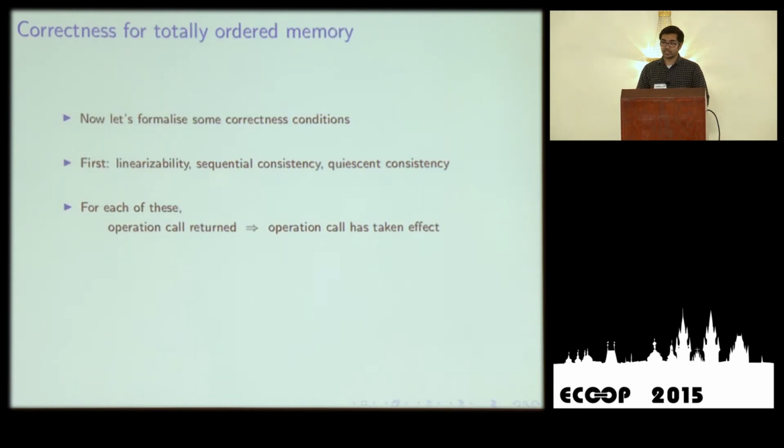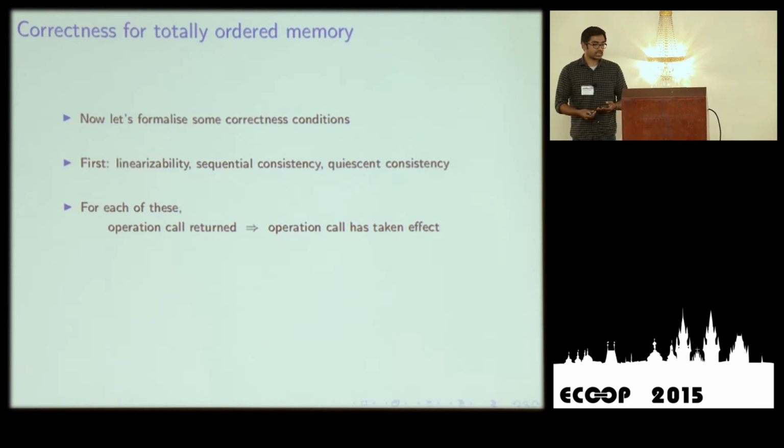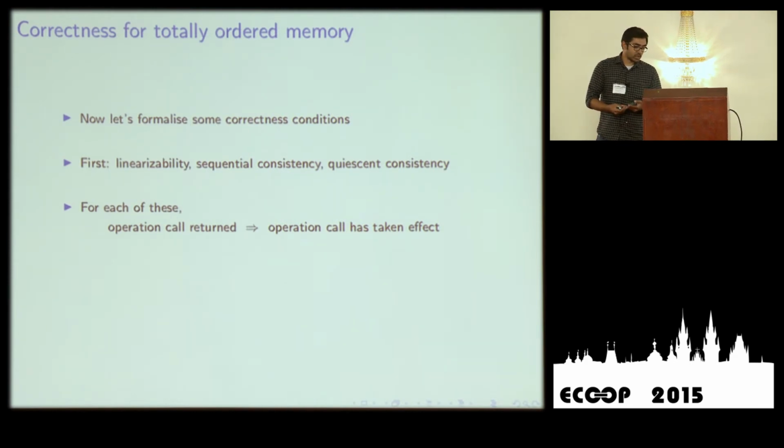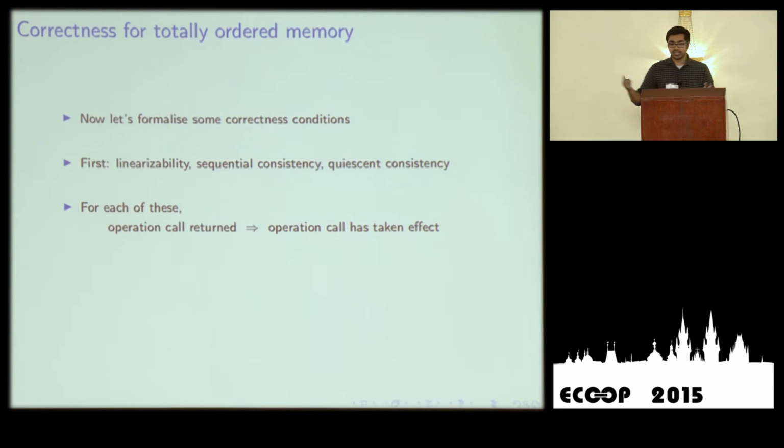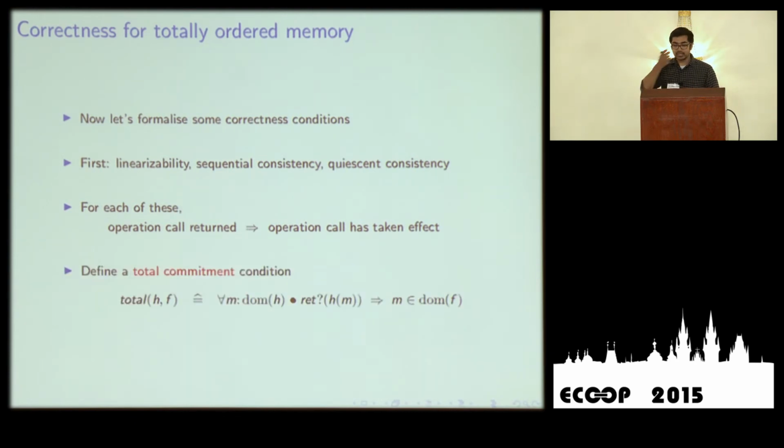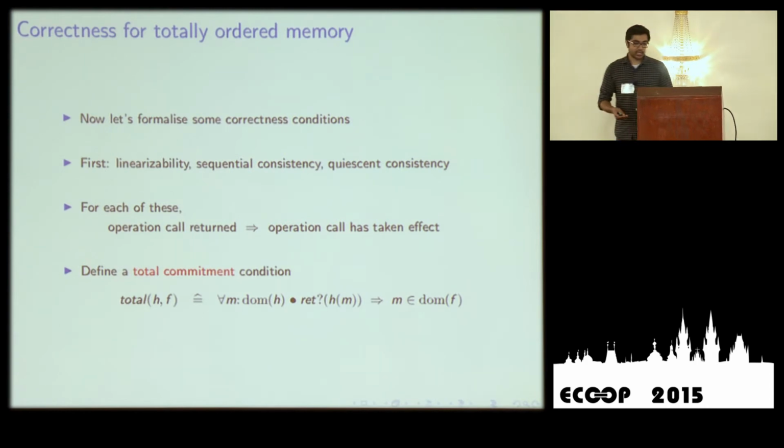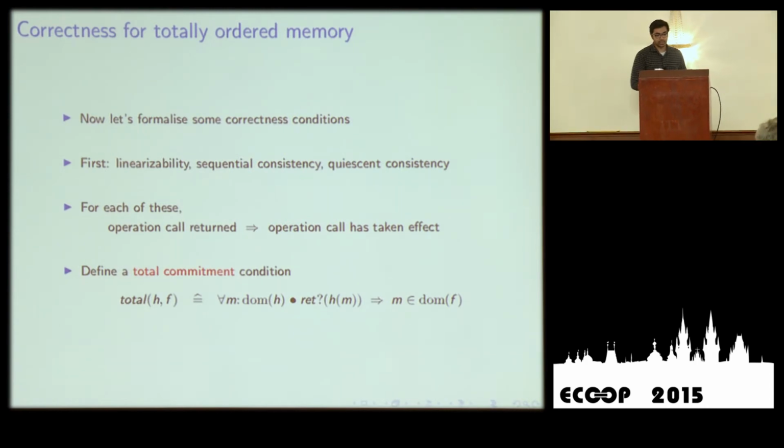Now we've got some formal basis. Let's formalize some correctness conditions. First of all, linearizability, sequential consistency, and quiescent consistency, which are some of the more well-known ones. For each of these, we've got this property that when an operation call returns, the operation call must also have taken effect. So we capture this using a predicate, and we'll call this predicate total.